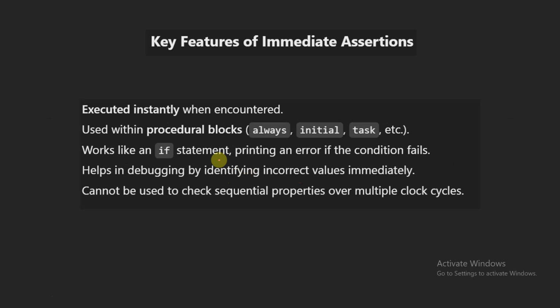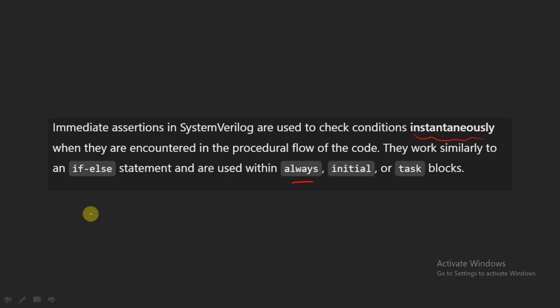They can only be used inside an always block, an initial block, or other tasks or functions. They cannot be used outside these blocks. So this is one drawback of immediate assertions. They are used for instantaneous checking only, and are similar to an if-else statement.